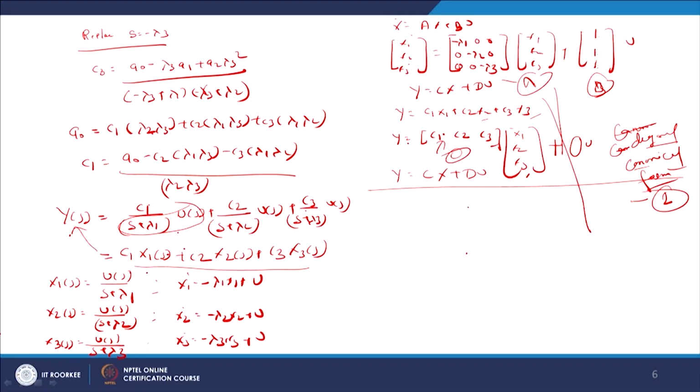You see there are 3 states, x1 dot, x2 dot and x3 dot. So in this case, how many integrators are required? There is a requirement of 3 integrators. So we will go for the first integrator. We draw the first integrator.